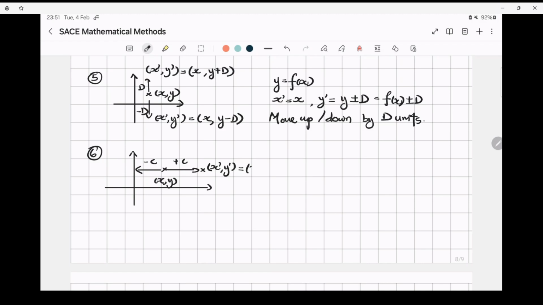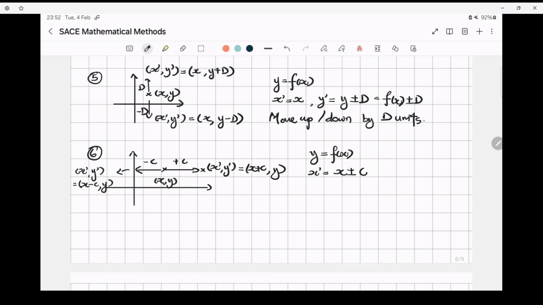This will be x plus c, y. So over here, this should be x minus c, y. Alright? So as usual, y is equal to f of x, and x prime is equal to x plus or minus c. That depends on whether you move left or right.